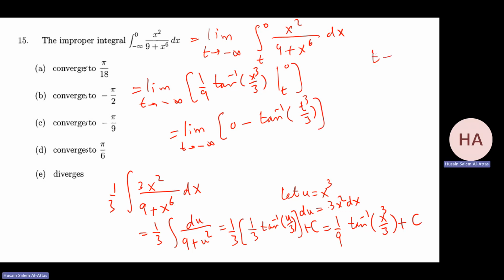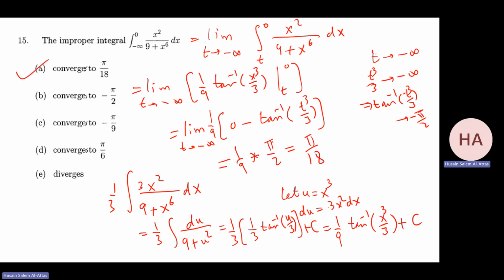Now be careful, t goes to minus infinity, so t cubed over 3 goes to minus infinity. So tan inverse of t cubed over 3 will go to minus pi over 2. Don't forget the 1 over 9 outside here. That will be 1 over 9 times minus times minus pi over 2, and that will be pi over 18, which is this one.